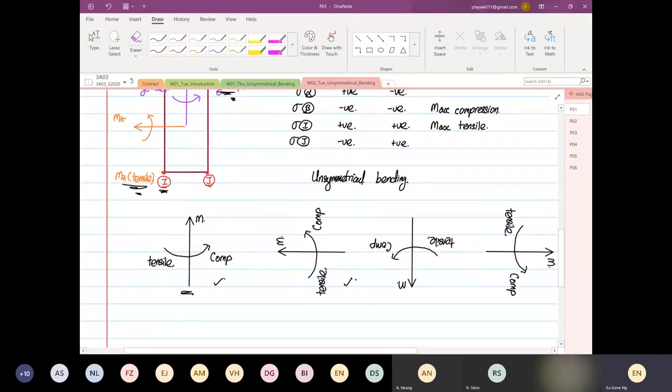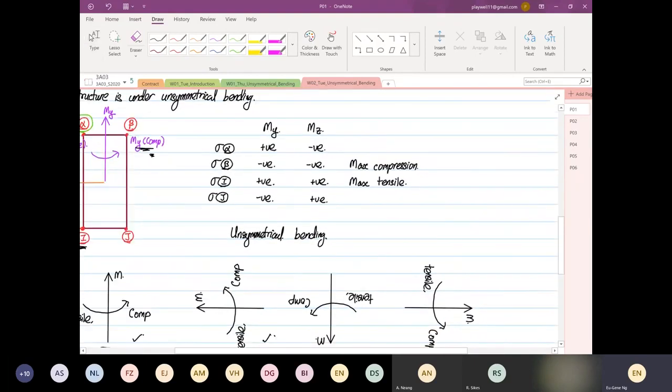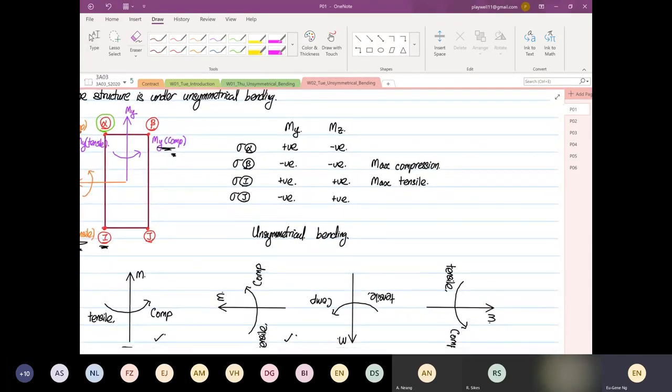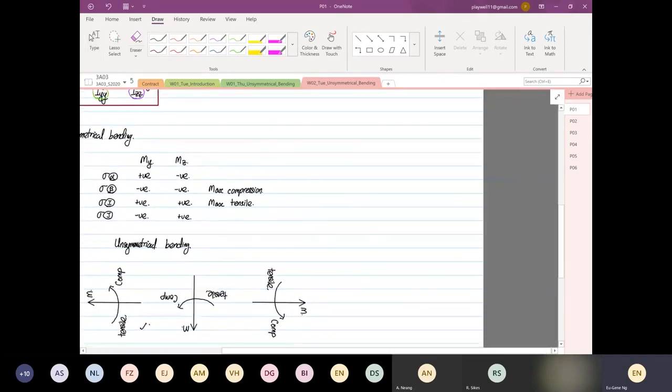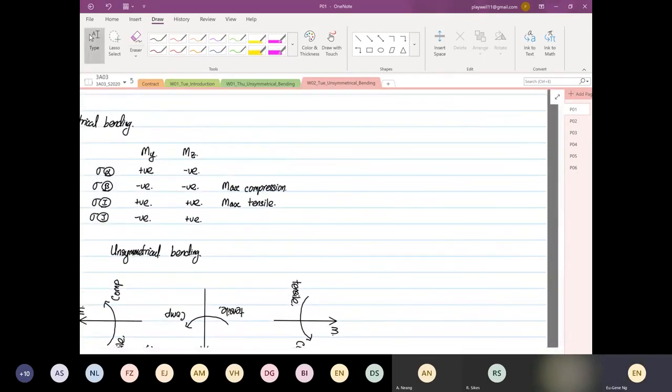Now, if we look at symmetrical bending, I want to bring us back full circle. How to identify symmetrical bending is this.